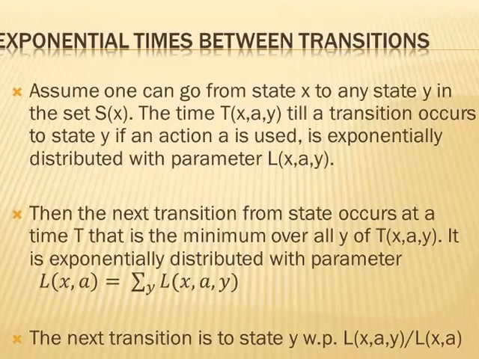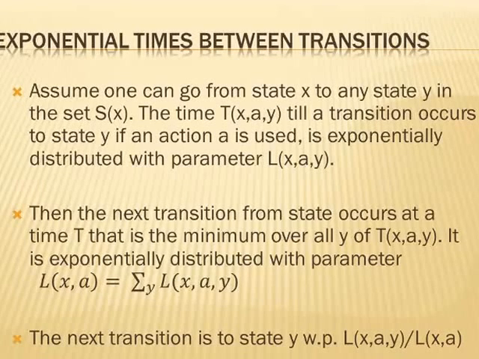Now, I was just talking about a given transition. But if you want to know when any transition occurs, it turns out that the first transition, just by definition, will be at a time which is the minimum over all y of the T(x,a,y).